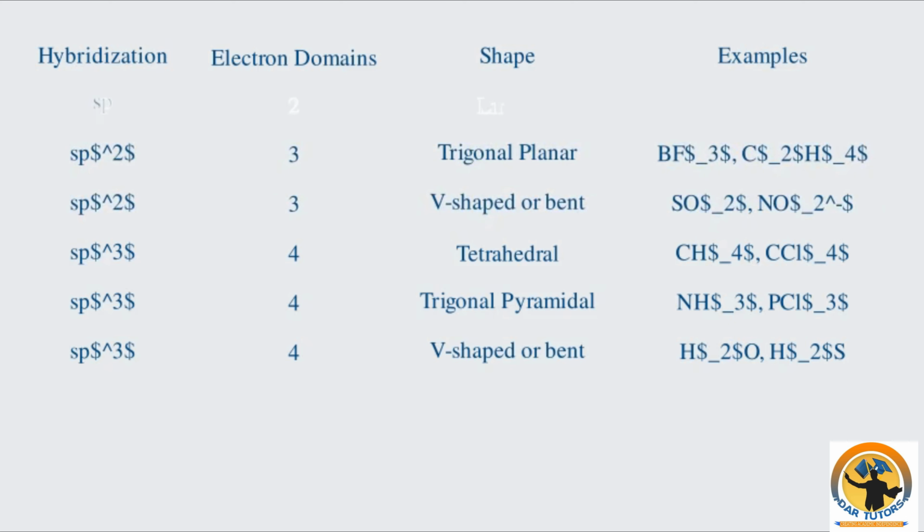Finally, if there are only 2 electron domains, the atom is sp-hybridized, giving a linear geometry. This can be a triple bond and a single bond, like in ethyne or the nitrogen molecule, or 2 double bonds, like in carbon dioxide. The central carbon in CO2 is sp hybridized because it has 2 electron domains, the 2 double bonds.